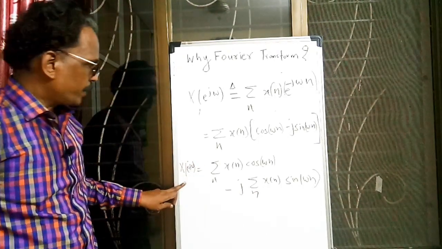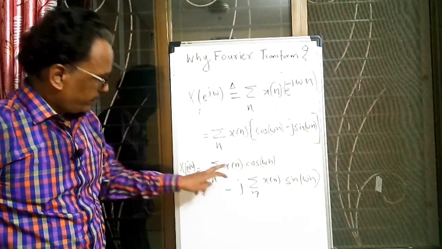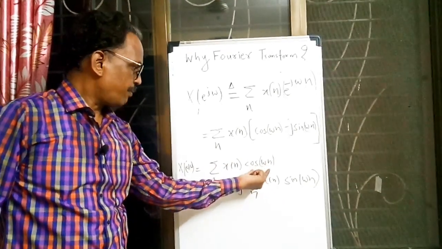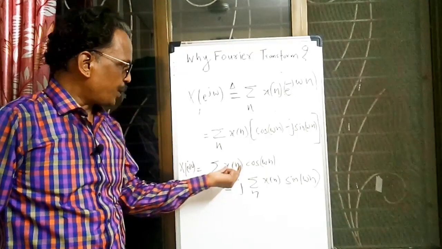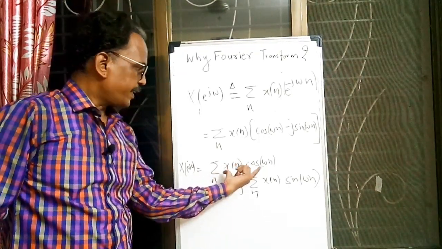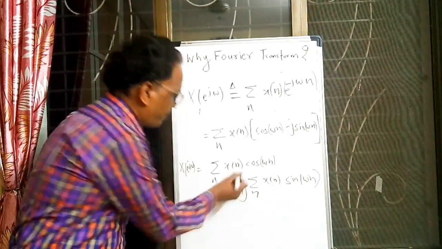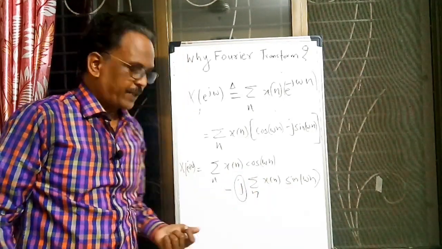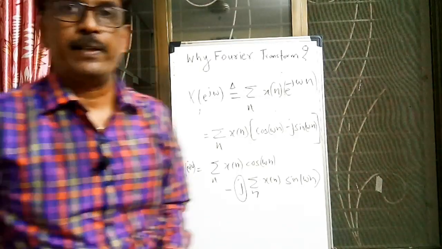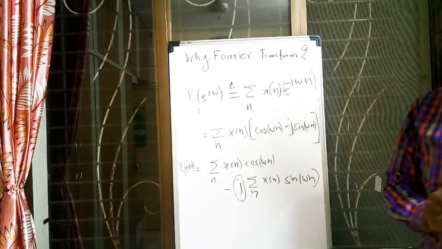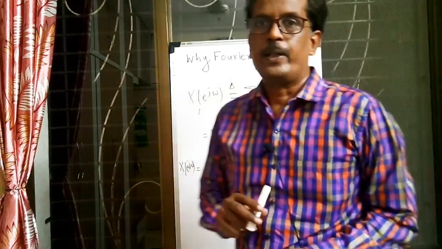X(e^{jω}) can be written in the form of two terms. The first term, cos, is always a real function, where x[n], if you assume it is a real function, is a real quantity. The second part, which is multiplied by j, is called the imaginary part, and the imaginary part and real part are the two parts of the Fourier transform X(e^{jω}).